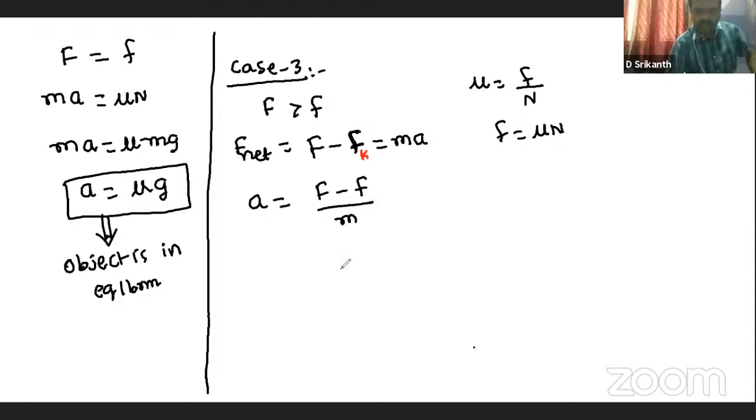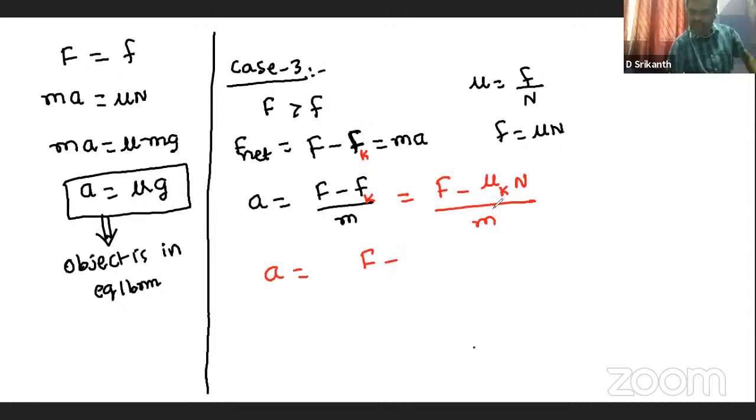Can I say kinetic friction? So this I can write as applied force minus mu k times N by m. That is acceleration is equal to F minus mu k times N, where N is normal force mg, by m. So mu k mg by m, right?